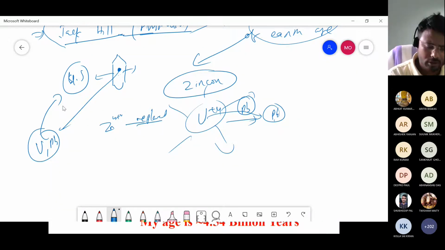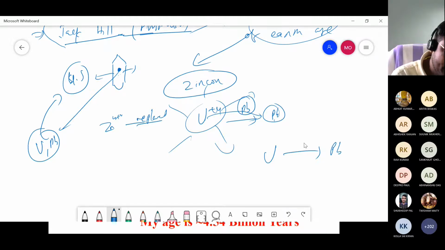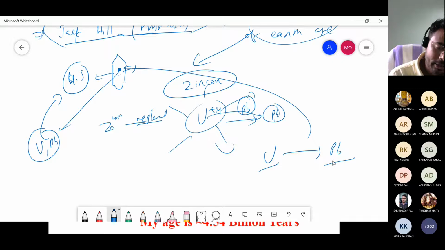Understood? Uranium is producing lead. Both are being trapped within the zircon grain. If you are able to determine the amount of uranium and the amount of lead, definitely from that you can calculate the age.